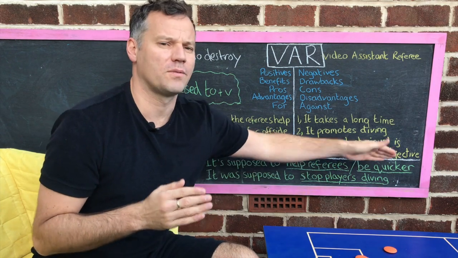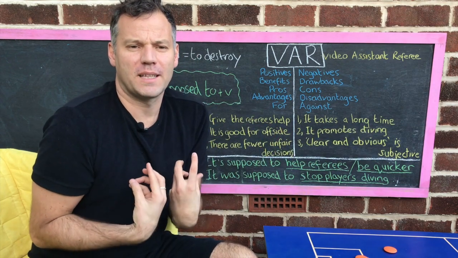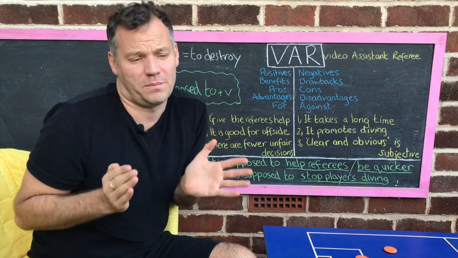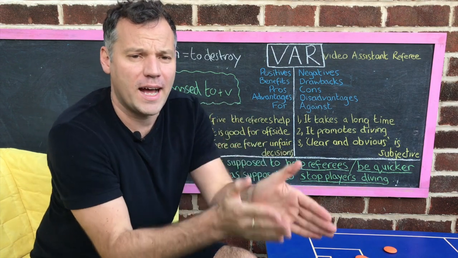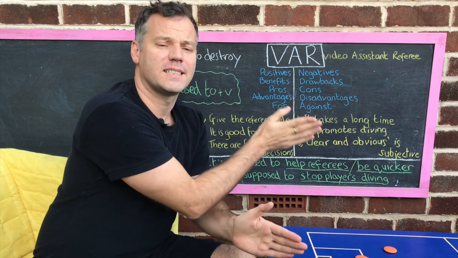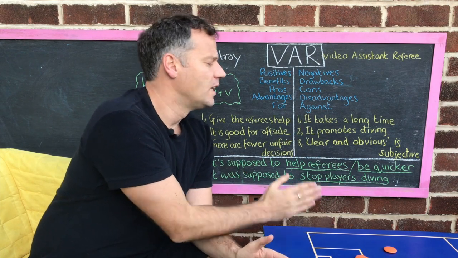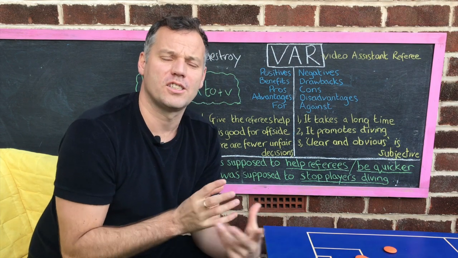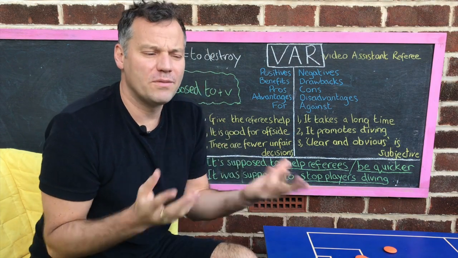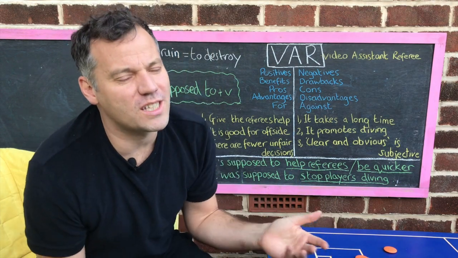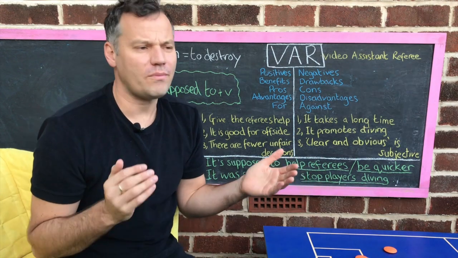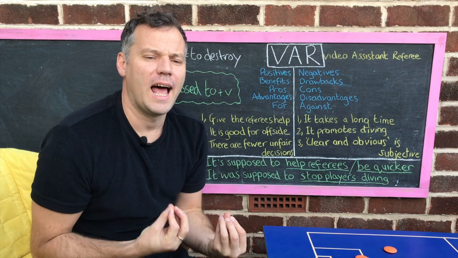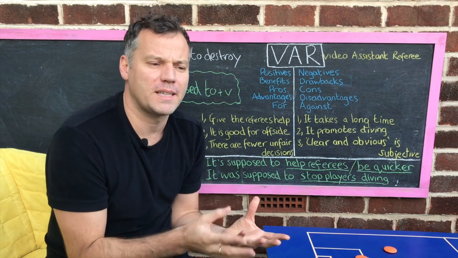What is subjective? I might think that something is a clear and obvious mistake, or I might think that something is a clear foul, and somebody else might think it is not a clear foul. So I think it's a very grey area, and it's causing a lot of problems, because in football many decisions are subjective. It's not black and white. It's somebody's opinion, and a lot of people disagree with that opinion.